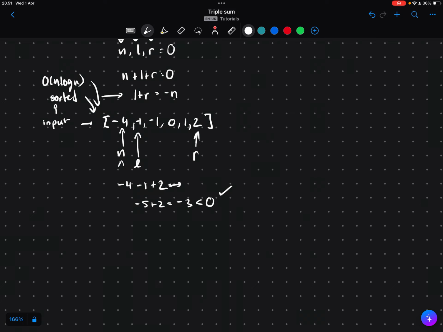But I'll use the other equation, because I find it easier. We'll put -4 on the right hand side. So -1 plus 2 equals 1, and we see that 1 is not equal to 4, and 1 is less than 4.